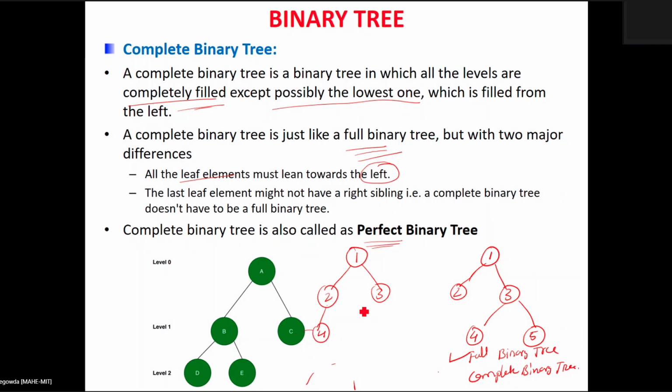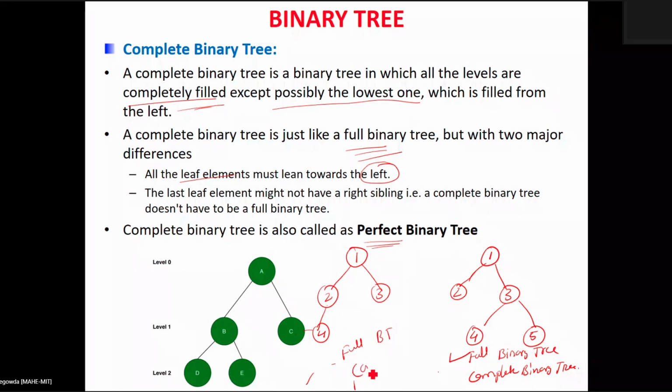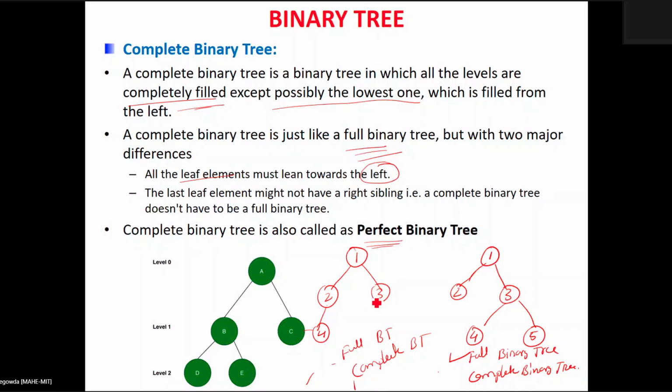I just wanted to differentiate whether it is a full binary tree or a complete binary tree. What is the answer? Sir, it is a complete binary tree. Yes, you are right. It is a complete binary tree.